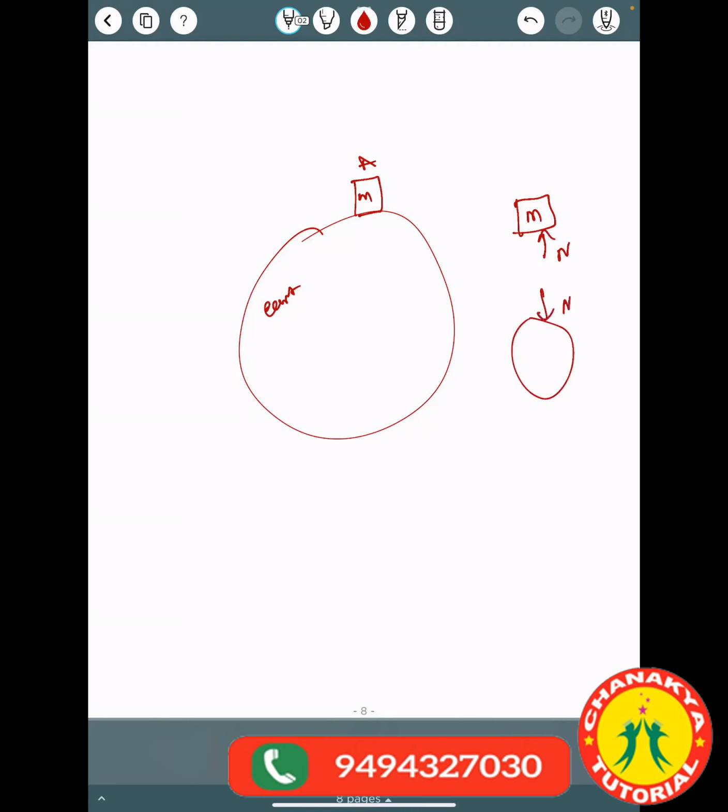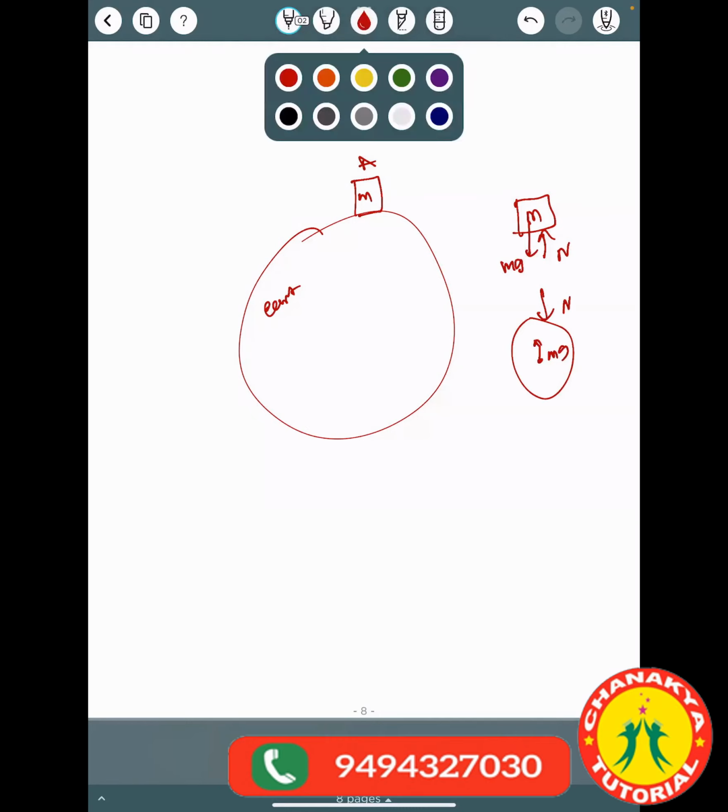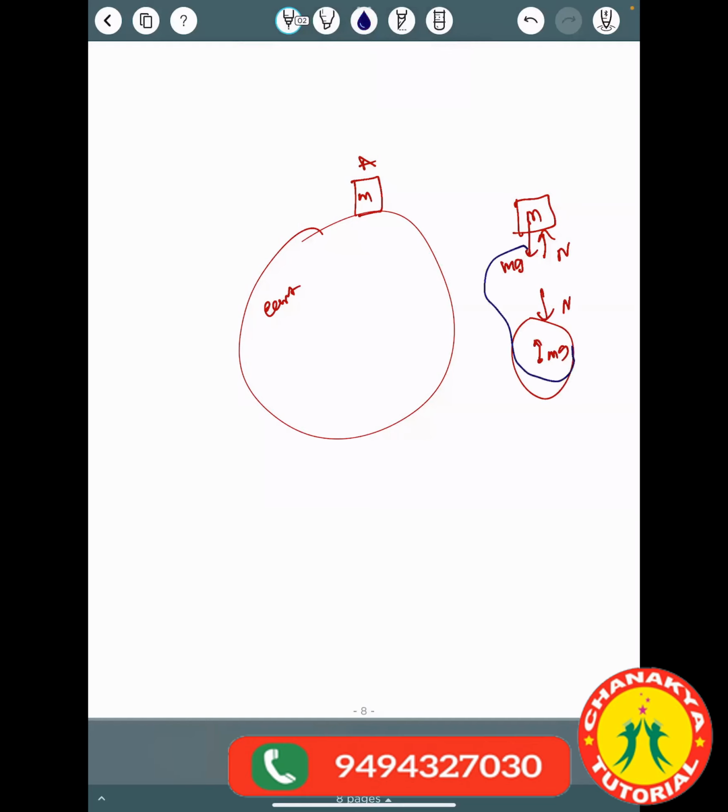So these are action reaction pairs, correct? And mg is acting on this block. The same amount of mg will be acting on earth at the center of the earth. These are action reaction pairs, and these are action reaction pairs.